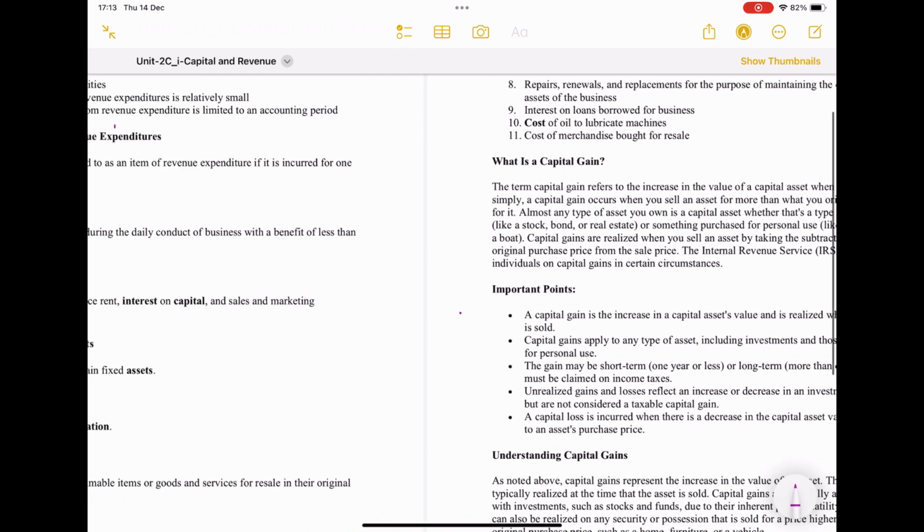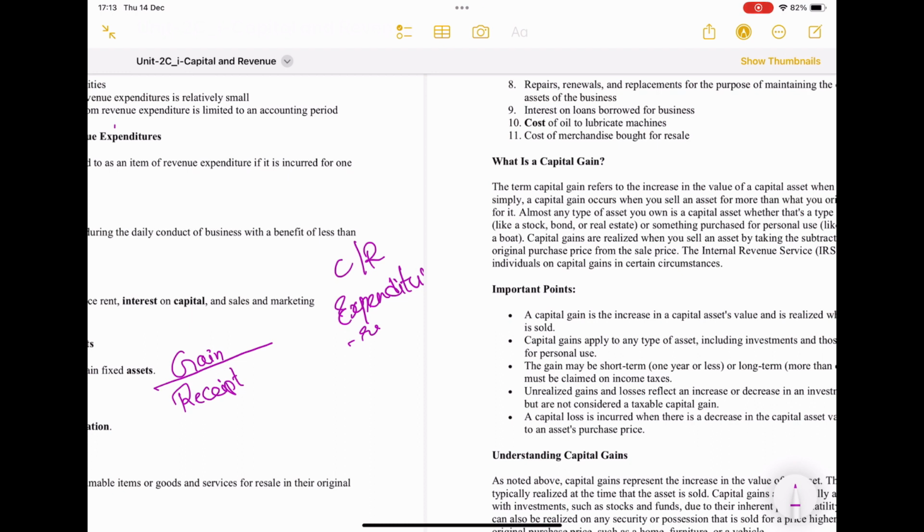Next, we studied capital and revenue expenditure. We have more concepts: capital and revenue gains, and capital and revenue receipts. These two concepts we will learn in later videos.